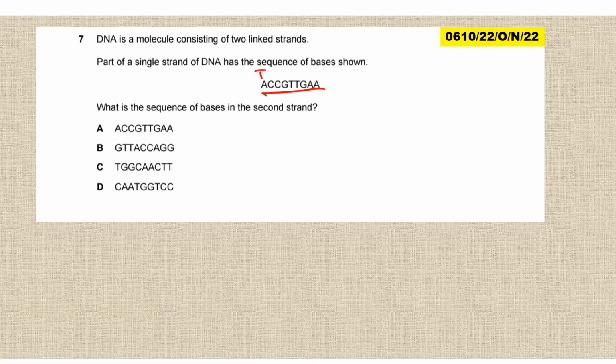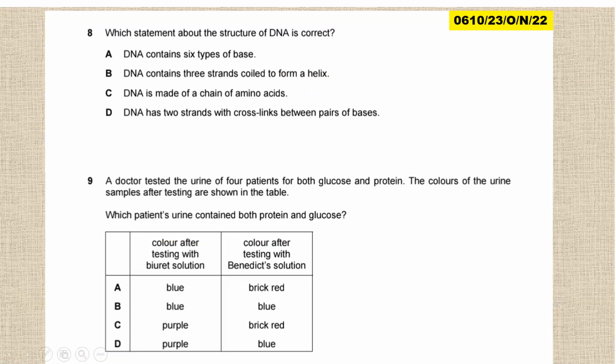So on the first part it will be T, then here G, then here G, then here C, then here A, then here C, then T, T. So it should be TGG, CAA, CTT. So the one that starts with T, TGG, AACTT. So the answer is C.